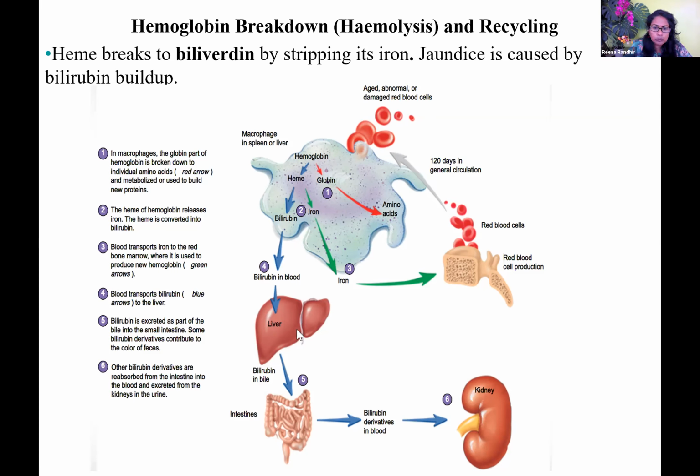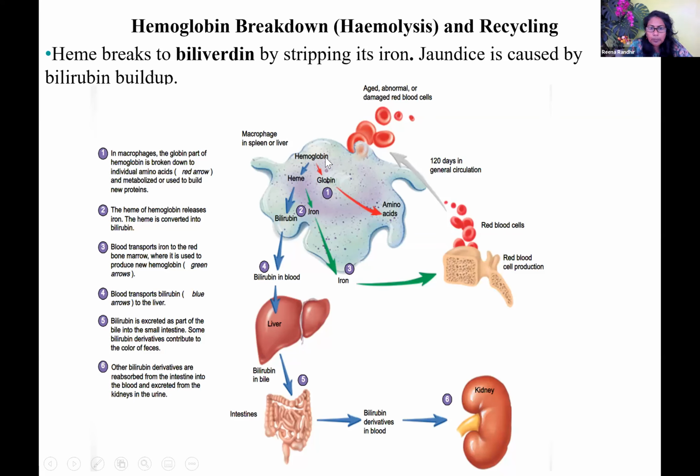So there's bilirubin in the bile, which is a thick yellow liquid. And then it is gotten rid of through your digestive system or your kidneys. That's the reason why your pee is pale yellow and our poop is also yellowish brown in color. So that's how that is gotten rid of.